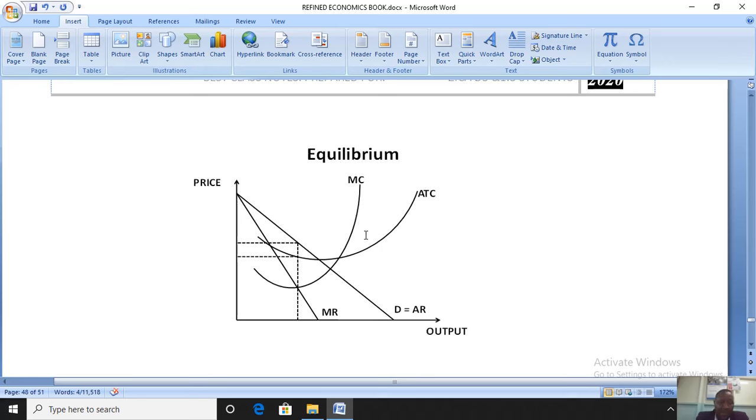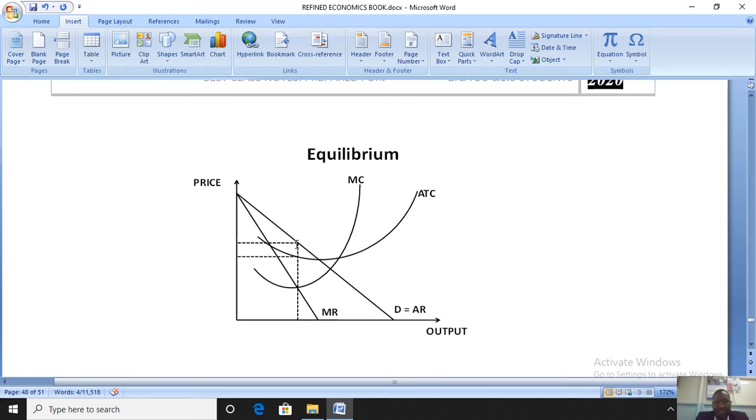This is the point where MC equals MR. That's the profit maximization level of output. Along this level of output, we look at the positioning of AC. AC is there, AR is up there. So we see that AR is above the AC. And so this area shown here is the supernormal profit area for a monopoly firm.